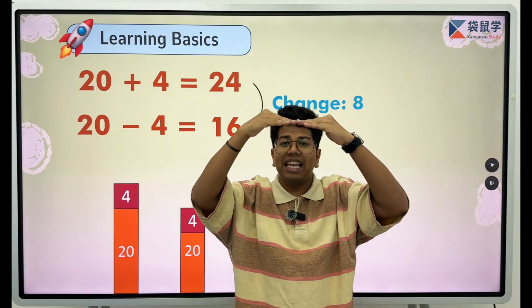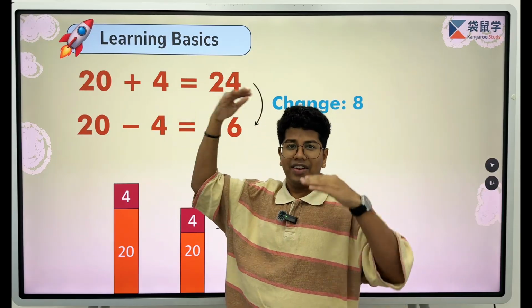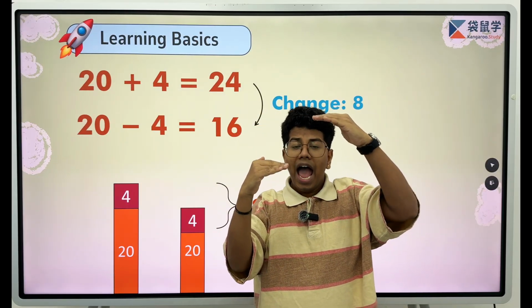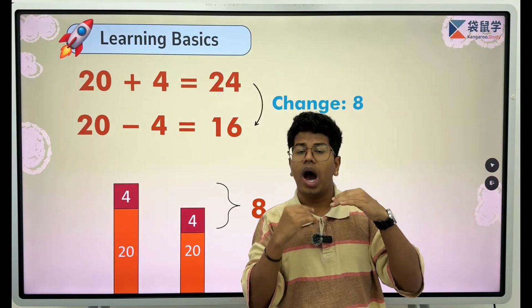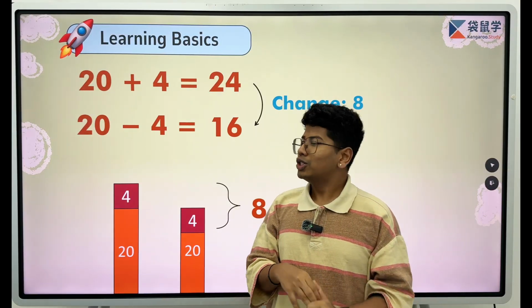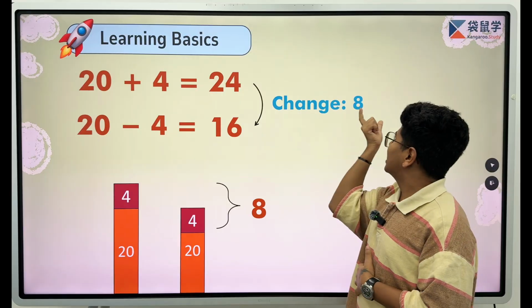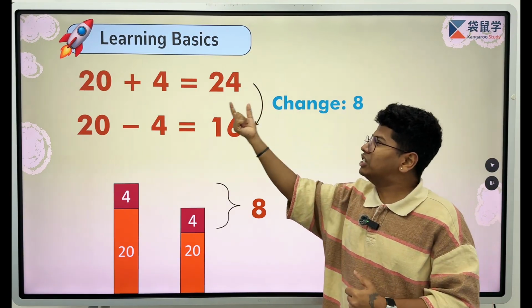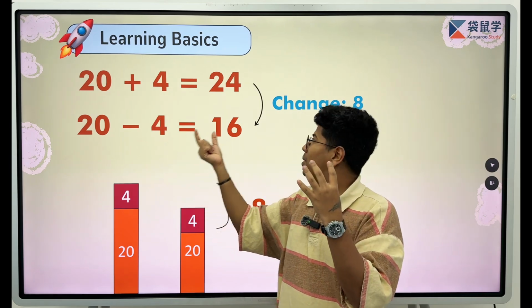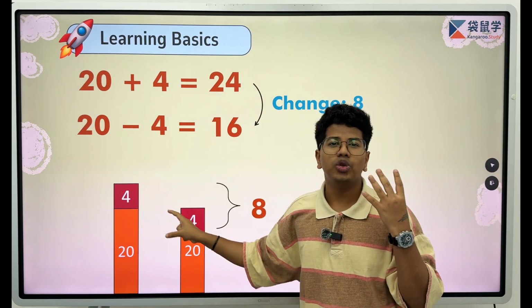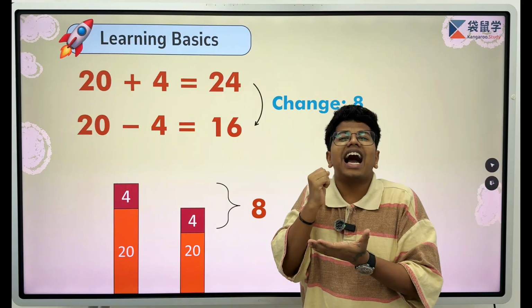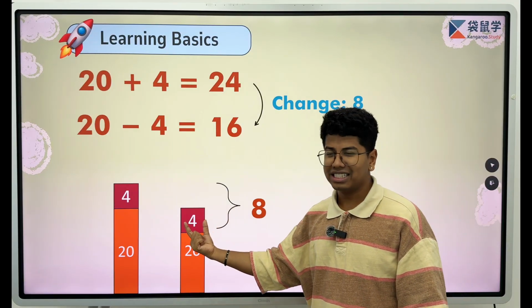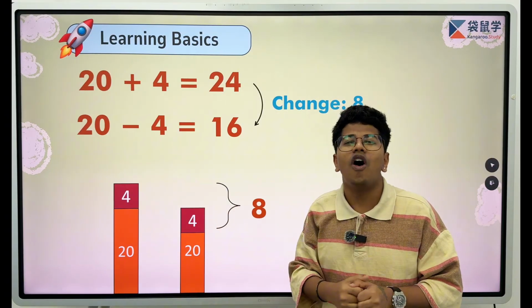We reduce the number and we also reduce the same number again. So the change is 8. To get this change of 8, we can just change the sign of 4 because it's the same two parts. It's just like a half. This is 8, this is 4. It's just like half of 8.